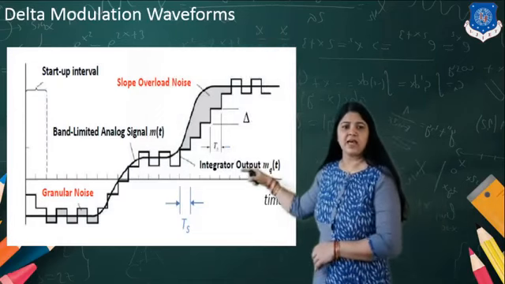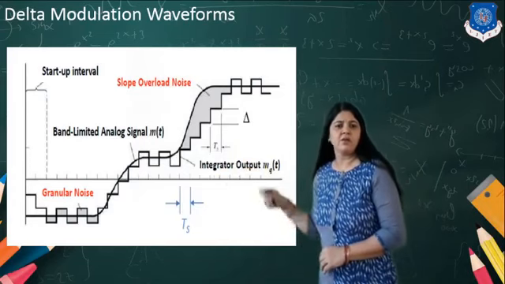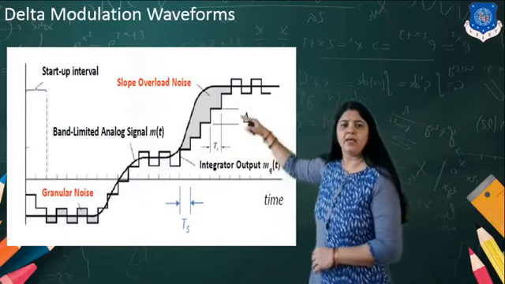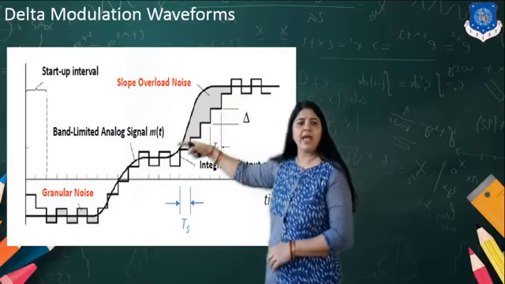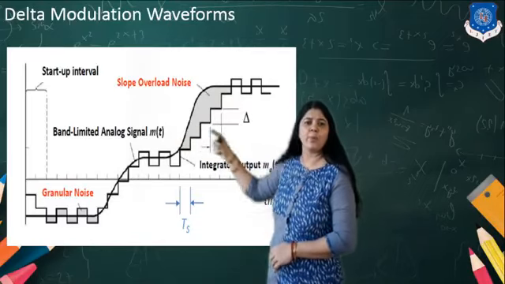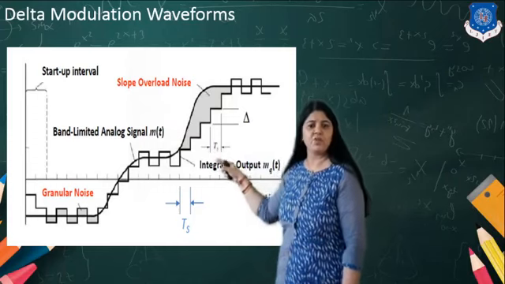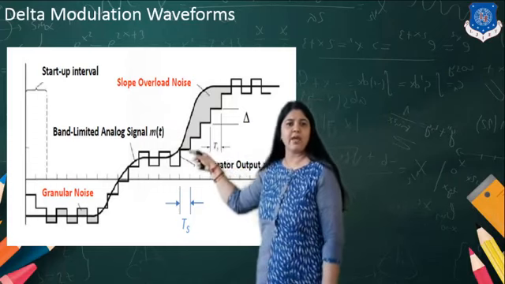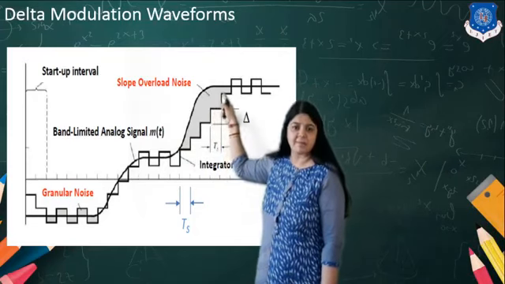Here you can see that we have the signal. In this particular diagram we have this kind of slope in our original signal. The delta modulator generates a staircase waveform of constant step size.